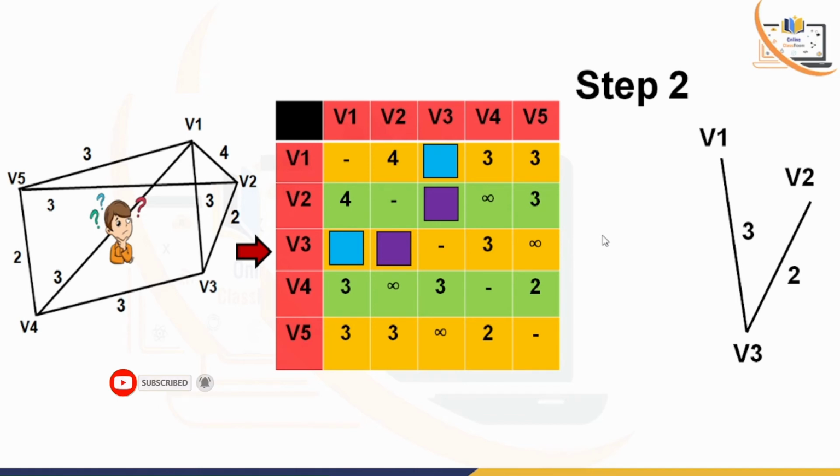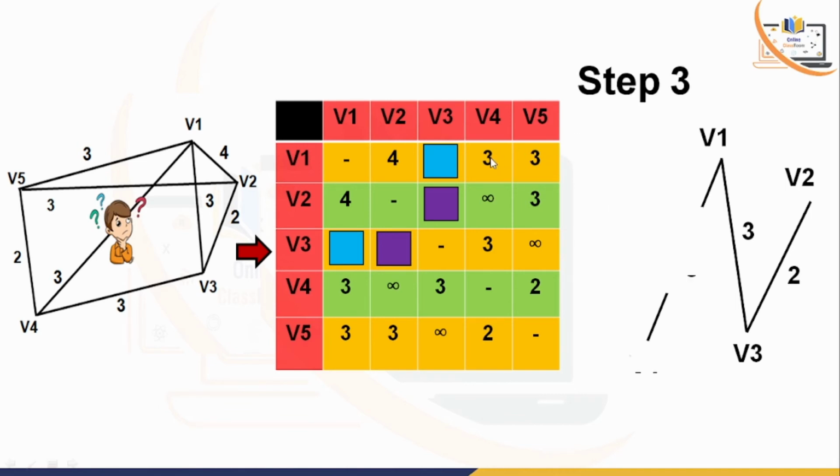So you can take any one arbitrarily such that it does not make any kind of circuit. So suppose I choose the corresponding vertex V4 and the corresponding weight 3 in this position. So step 3 will be V1 versus V4, weight is 3.